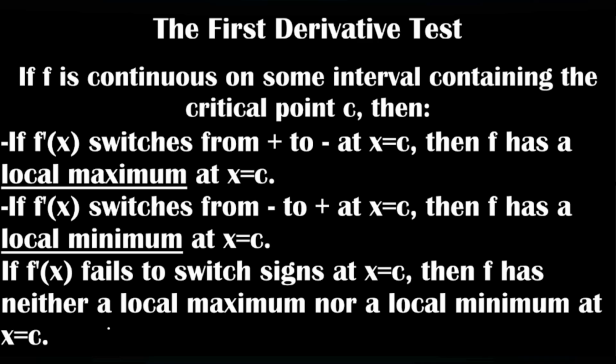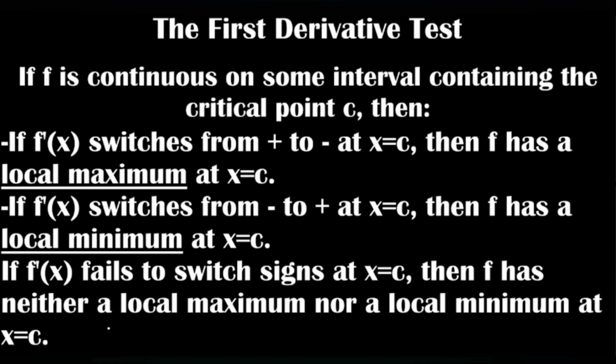On the other hand, if it switches from decreasing, so a negative derivative, to increasing, a positive derivative, at that point, then it has a minimum at that point. But if the derivative does not switch sign at x equals c, then it has neither a maximum or a minimum.